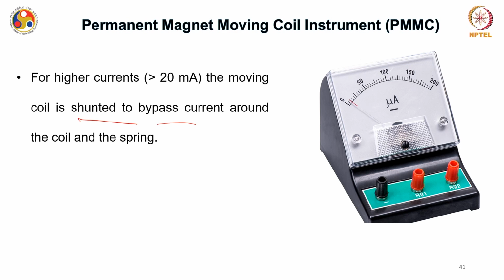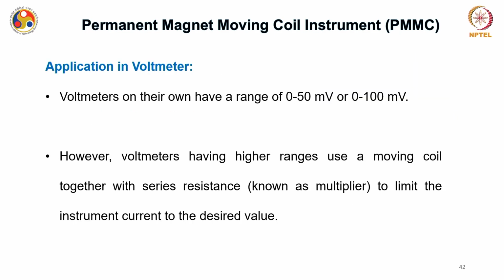For that, the moving coil tool has to be shunted to bypass current around the coil and the spring. We'll see in the next lecture how we can provide this shunt to extend the range of this PMMC tool from less than 20 milliamp to greater than 20 milliamp.